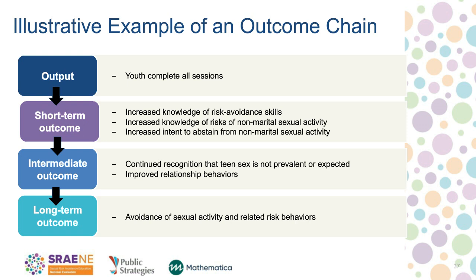Then we have some intermediate outcomes, which are continued recognition that teen sex is not prevalent or expected, and improved relationship behaviors. And you can imagine that those would arise from the knowledge and the intent short-term outcomes that we have. And then finally, we have a long-term outcome of avoiding sexual activity and related risk behaviors. And again, those come naturally from those intermediate outcomes.